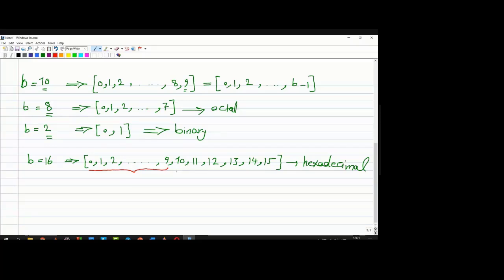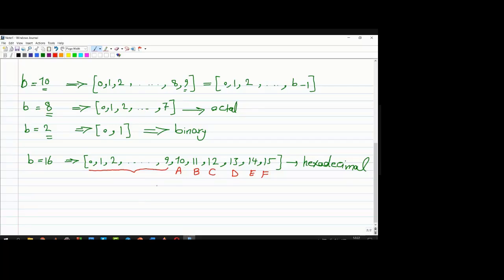But for 10, we use A, capital A. For 11, we use B. For 12, we use C. For 13, we use D. For 14, we use E. And for 15, we use F.